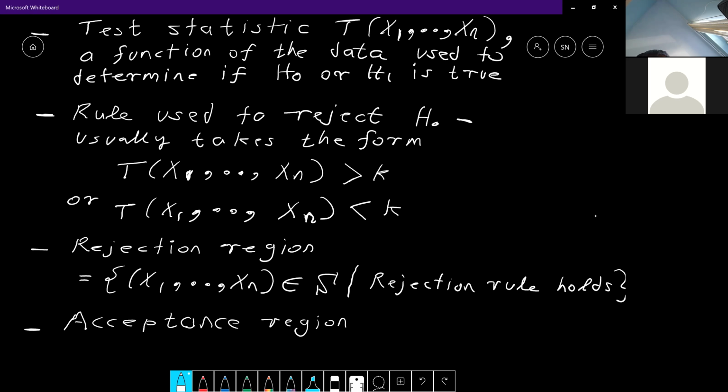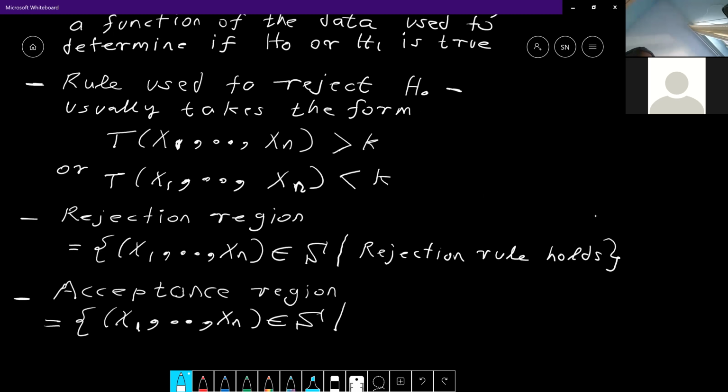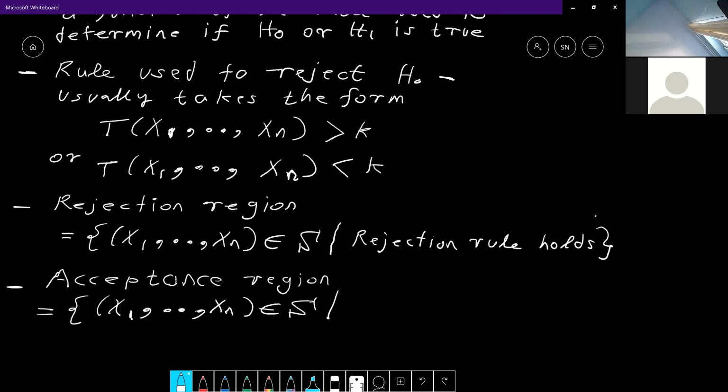It's defined as the set of all data points belonging to the sample space S, such that the rejection rule does not hold.